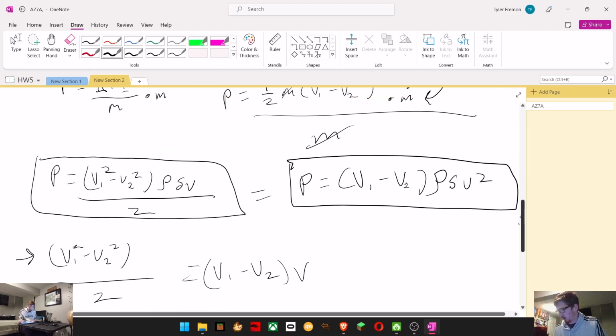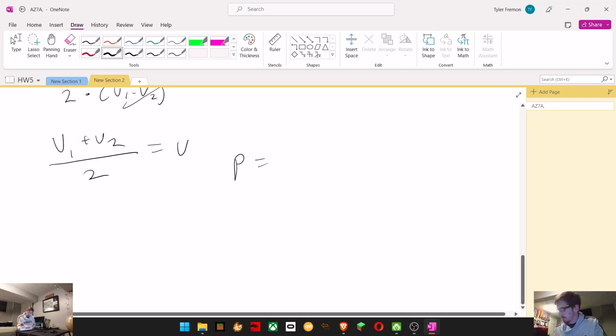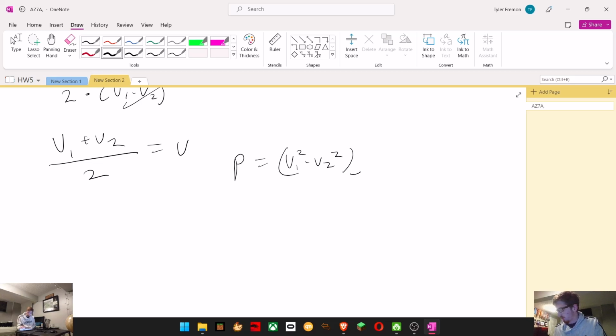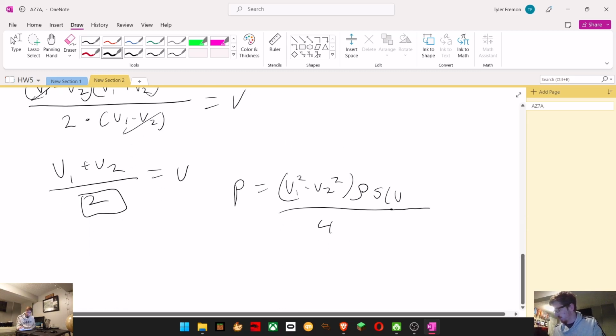So we can go ahead and plug this back into one of the equations. So from here, all we have to do is plug this into our energy balance equation. So we're going to have power is equal to V1 minus V2, both squared, times rho S all over 4, because of this 2 and the 2 in the energy balance equation, times V1 plus V2.